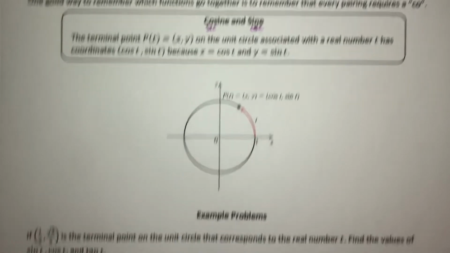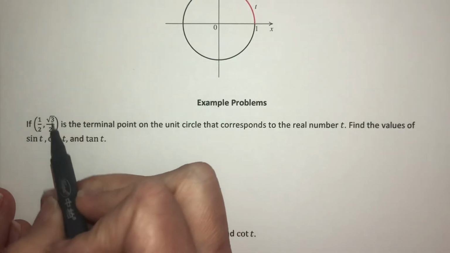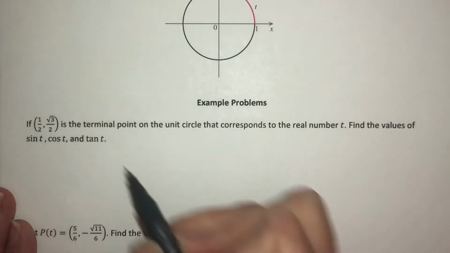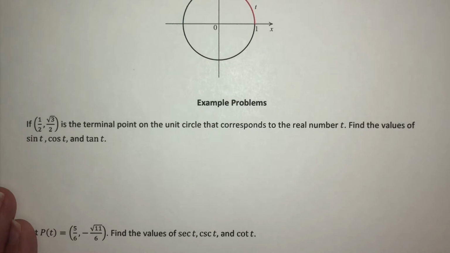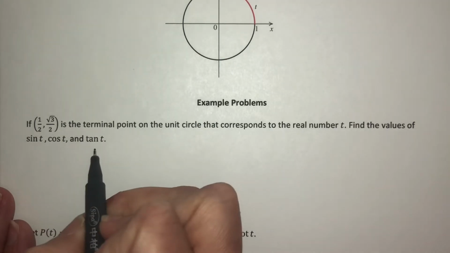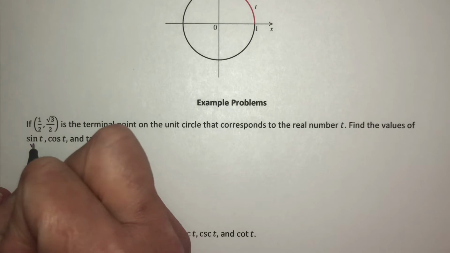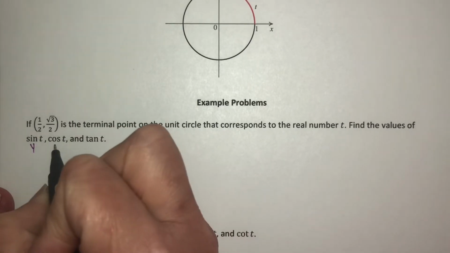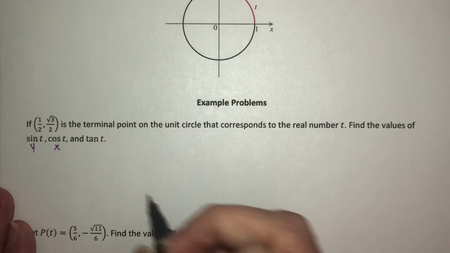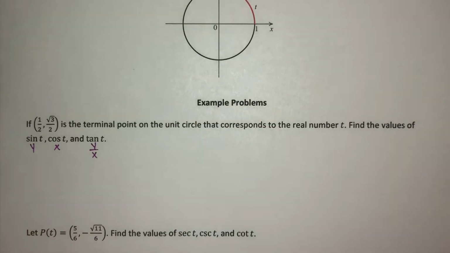So let's use this. If the point (1/2, square root 3 over 2) is a terminal point on the unit circle that corresponds to the real number t, find the values of sine t, cosine t, and tangent t. Sine t is the y value, cosine t is the x value, and tangent is defined to be y over x.